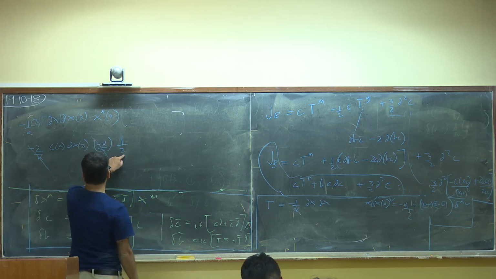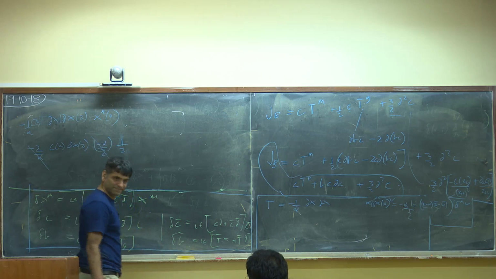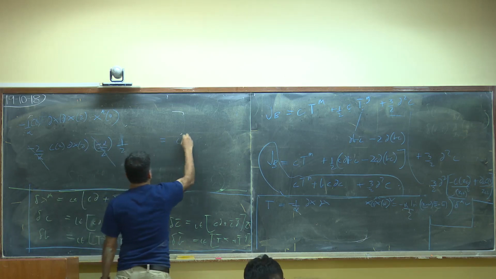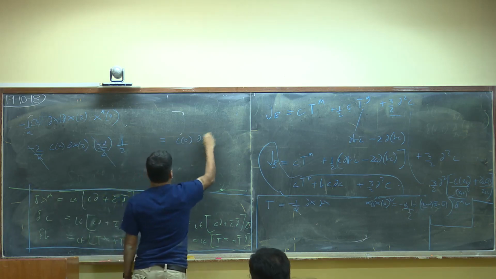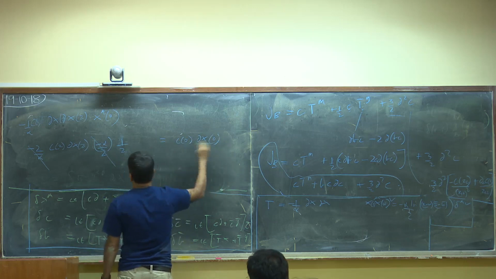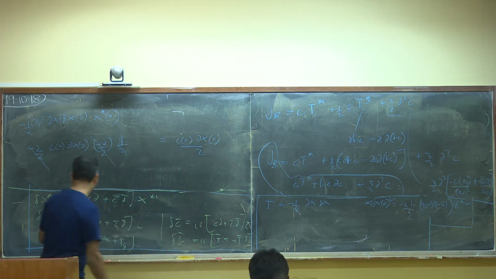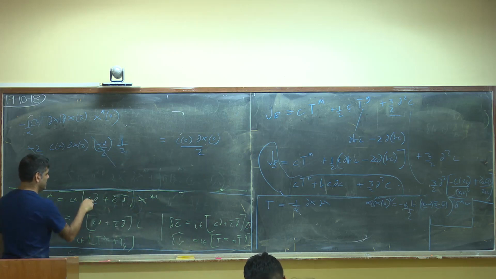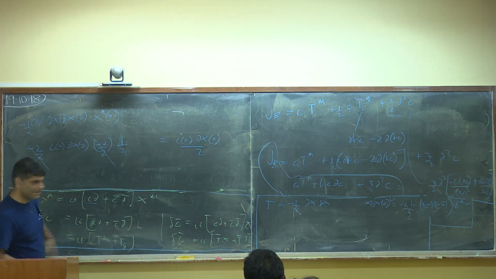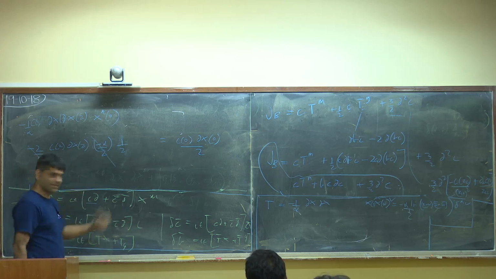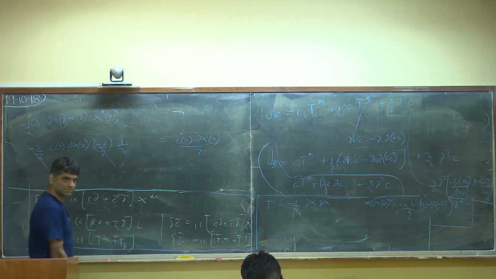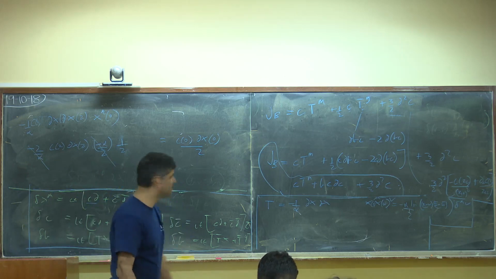Since this is 1 by z, these can be replaced by 0. So this is equal to C of 0 del x of 0 by z, and that matches this C del x of z. This part will come from the anti-analytic part. The 1 by z residue is that.